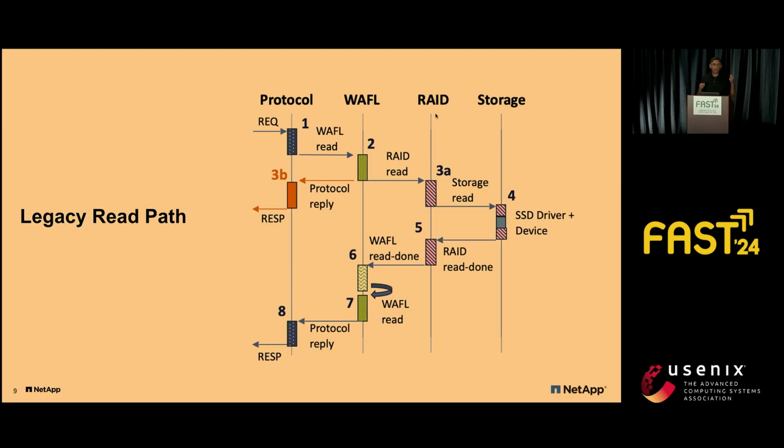A protocol handler unpacks that, sends a message to Waffle. Waffle looks at the file ID and the offsets in question, and if the data is already in memory, then we are done. But if the data isn't in memory, it tries to look up some metadata to find the block numbers corresponding to those offsets. So it finds all of those block numbers and sends a request off to RAID. RAID then takes those block numbers and uses its knowledge of the topology to convert them into drive ID and LBA mappings.